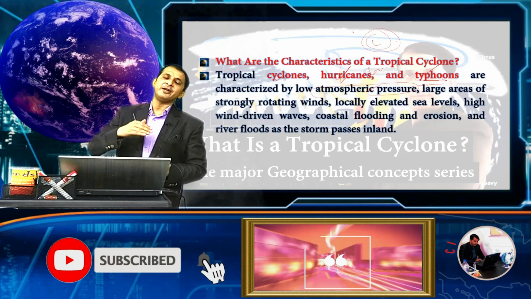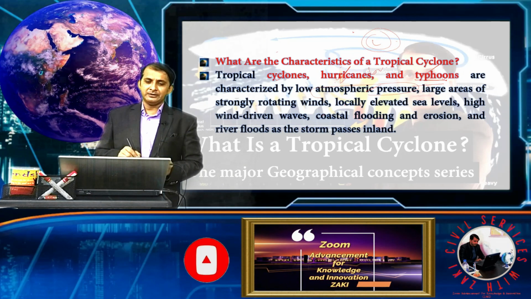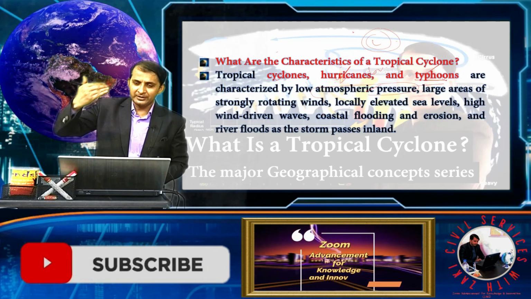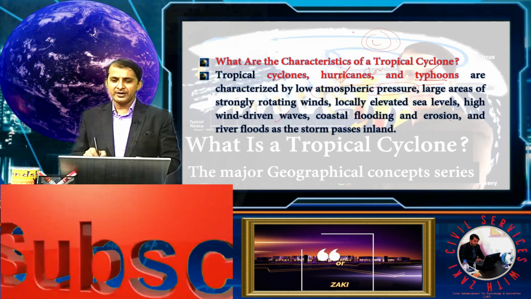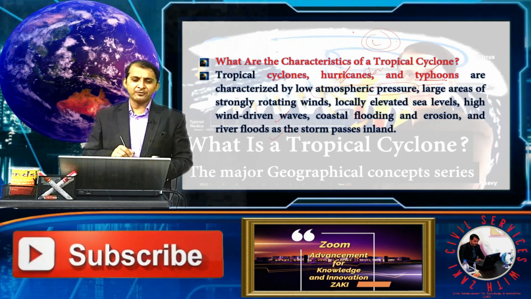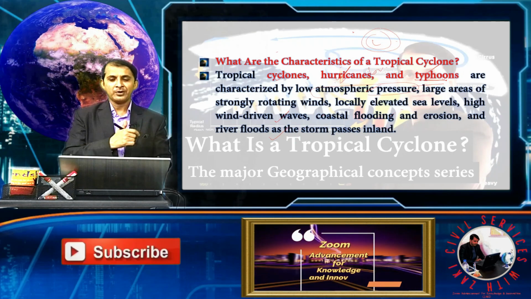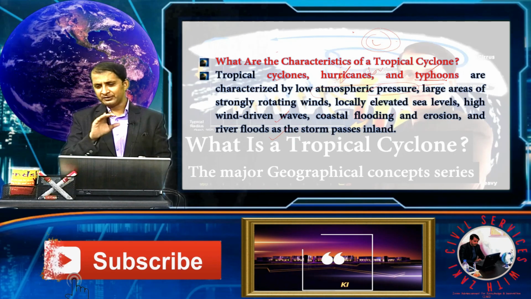So these are the different names in different areas. Basically, there is locally elevated sea level. After the storm, the sea level is elevated, with high wind-driven waves, coastal flooding, erosion and river flooding, because the storm passes into the inland area. So these are the basic characteristics of the tropical cyclone.